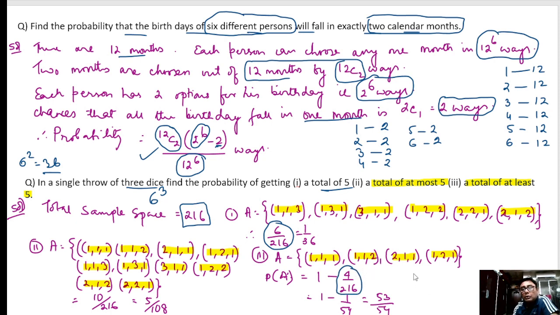That means from the total, if I subtract the options which give me a total of 4, I can get at least 5. I am subtracting from the total probability 1 the outcomes that give me less than 5. So automatically I will have at least a total of 5.